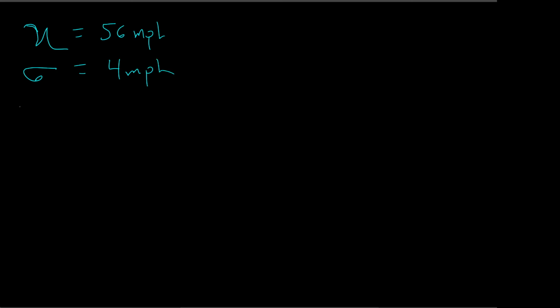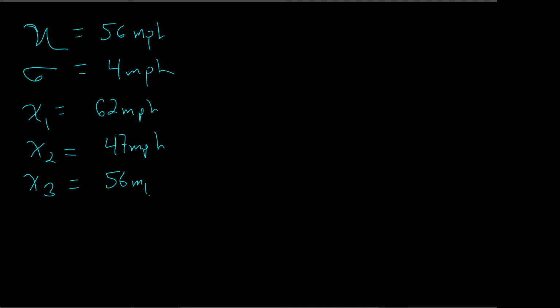We grab a sample of 3 cars, car 1, car 2, and car 3. And we find that the first car is 62 miles per hour, the second car is 47 miles per hour, and the third car is 56 miles per hour.